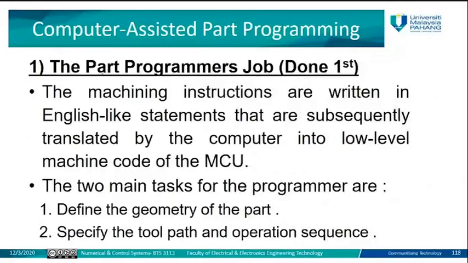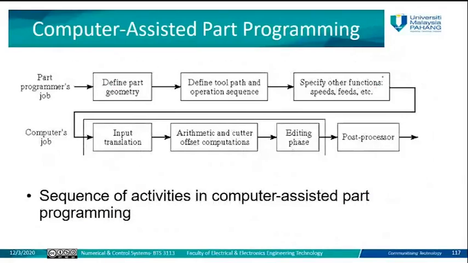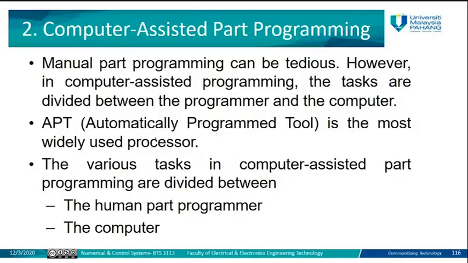According to this flowchart, after the programmer does his part up to this point, it will be sent to input translation, arithmetic and cutter offset compensation, editing phase, and post processor. All these four tasks will be done automatically by the automatically programmed tool.